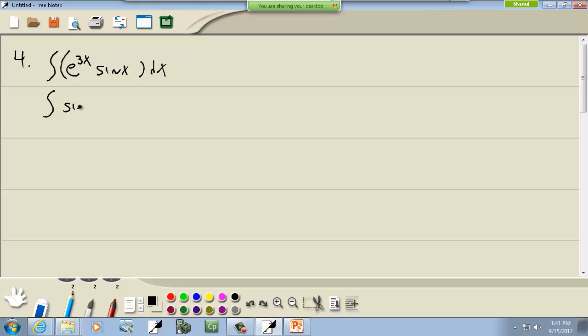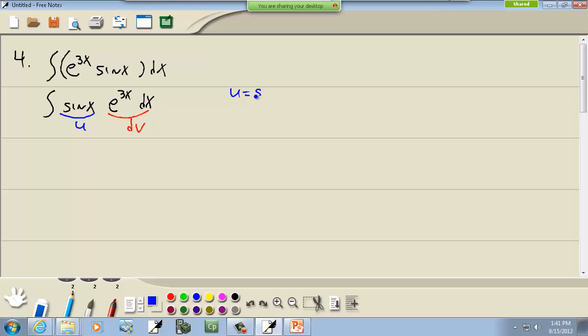So I'm going to rewrite that as sine x e to the 3x dx. You always want your e to be your dv. I shouldn't say always, but a good percentage of the time it is. So then, this is going to be u, and this will be dv.